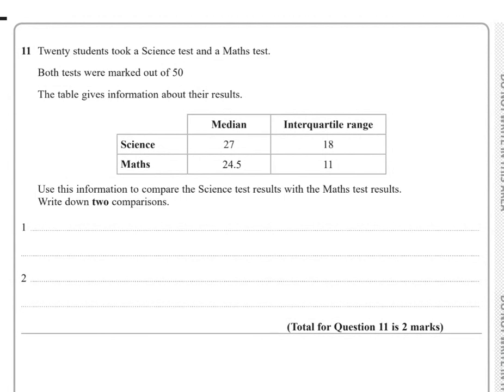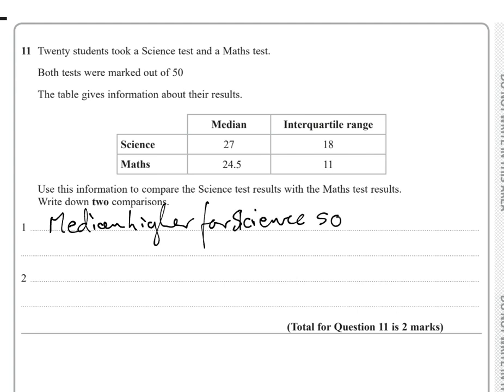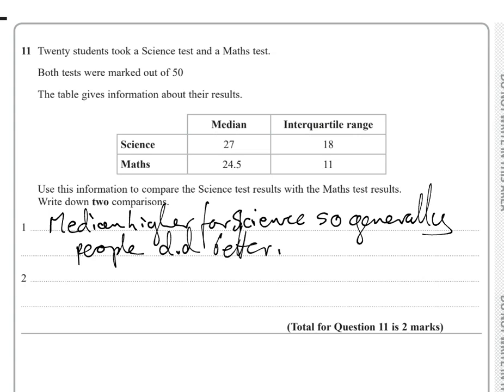So the median is higher for science than for maths. So generally, to state the obvious, people did better in science. Okay, so that's commented on this bit.